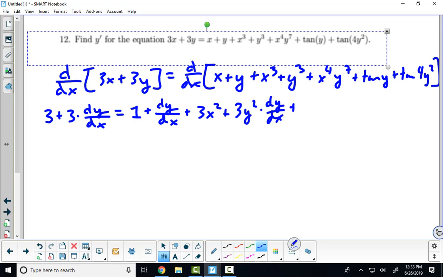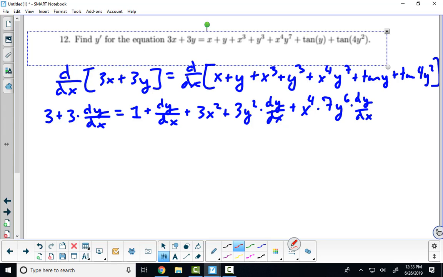Now what do I have to do? I've got x to the 4th times y to the 7th. What type of rule am I going to have to use here? Product rule, right? That's no problem. Here's the first times the derivative of the second, 7y to the 6th times dy dx.